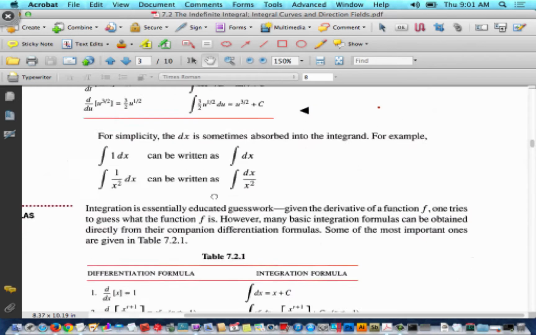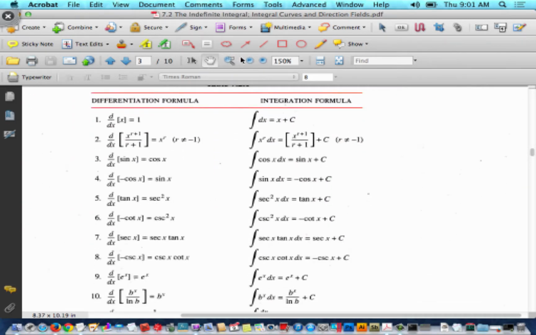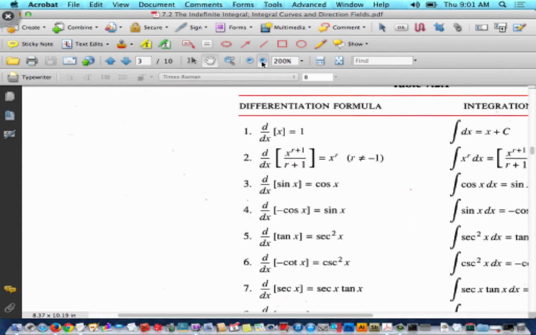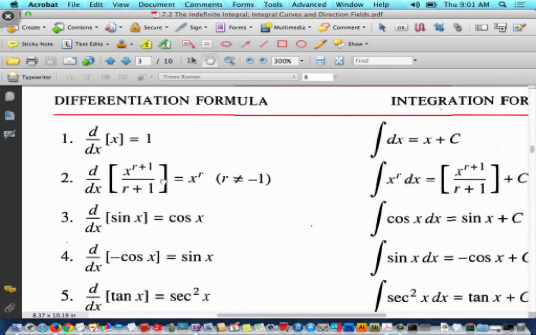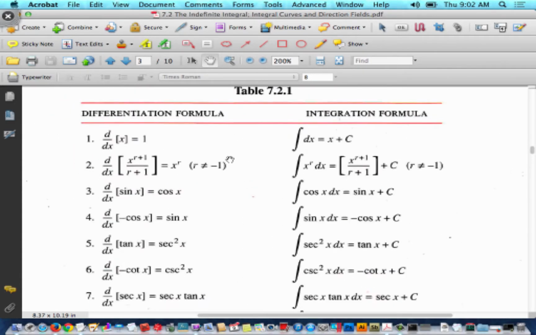All right, so it turns out that there are a lot of things that we can already anti-differentiate because we've been doing derivatives now for about 6 months or so. If we know that the derivative of x is 1, then the antiderivative of plain old dx, which is 1 dx, should be x plus c.